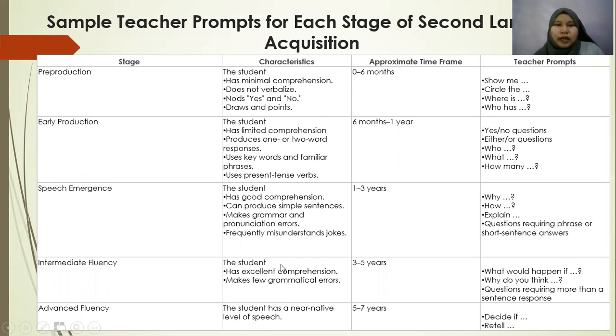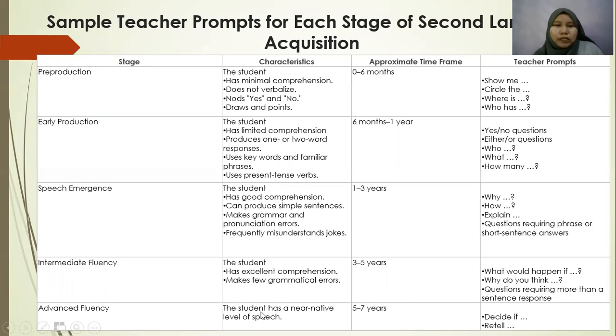Intermediate fluency: the student has excellent comprehension and makes only a few grammatical errors. This is approximately 3 to 5 years of learning the language. The student can answer what would happen if, why do you think, questions requiring more than a sentence response.